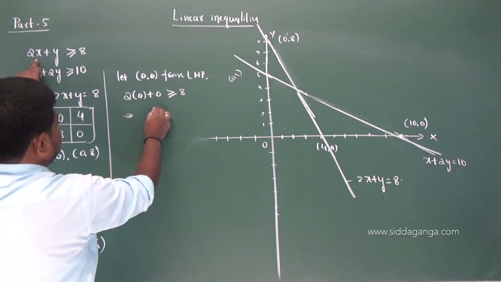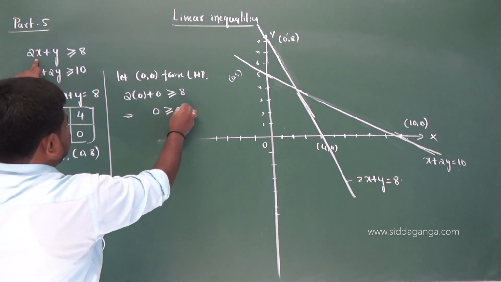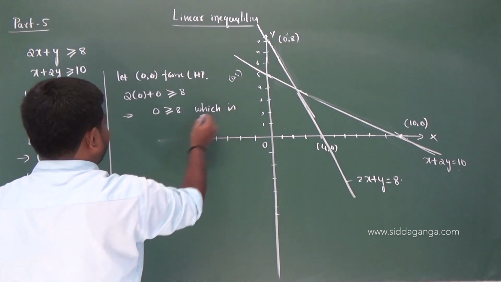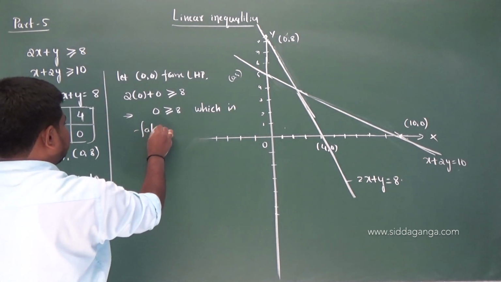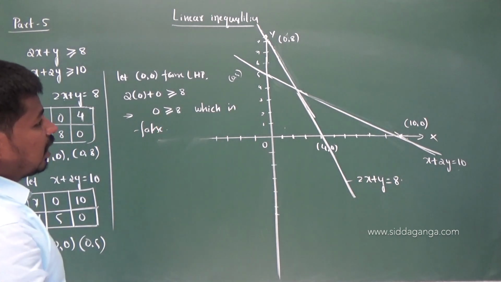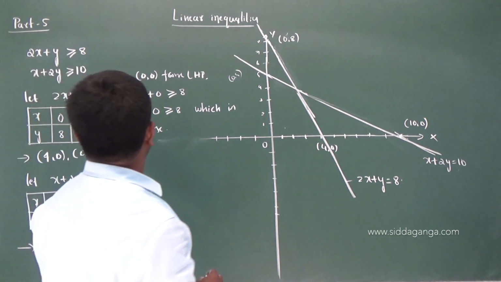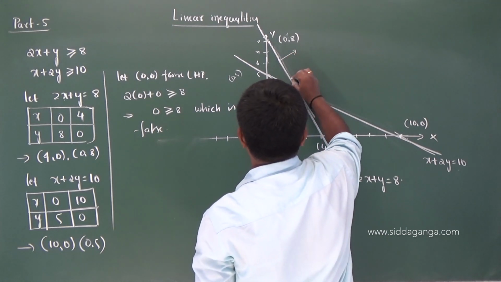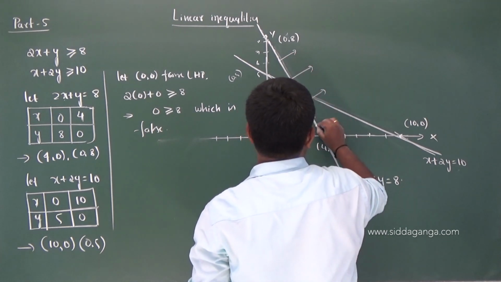This gives 0 is greater than or equal to 8, which is false. So the upper half plane for the first inequality, 2x plus y greater than or equal to 8, will be the solution region.